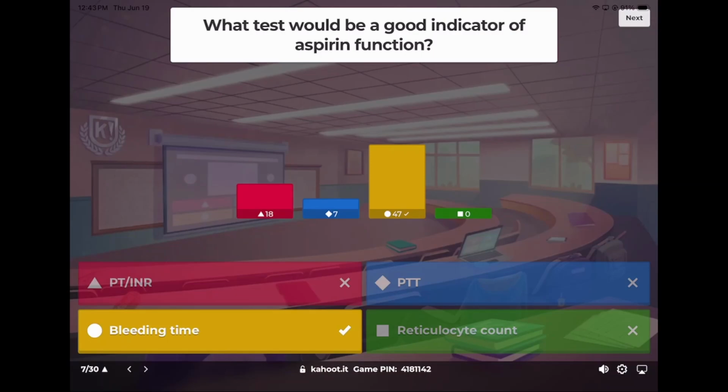Remember, they're going to stop the bleeding. They're the first thing to get in there. After hemostasis, platelet plug formation. We want to know how long it takes for that platelet plug to form. The better your platelet clotting and activation, the faster that bleeding time will be. The weaker it is, the more aspirin you have on board, or Plavix, the longer your bleeding time is going to be.